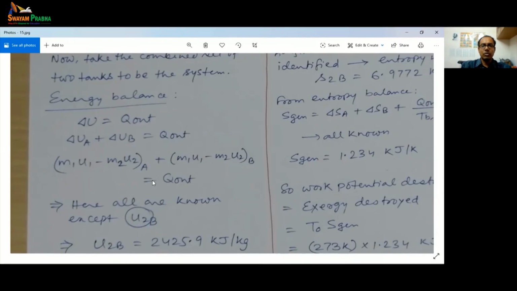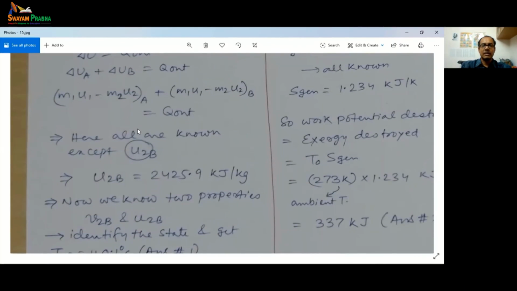We know how to find delta UA and delta UB, and Q out is given. So in this equation, everything is known except UB2, the final internal energy of tank B, so by solving this equation, you can find that.